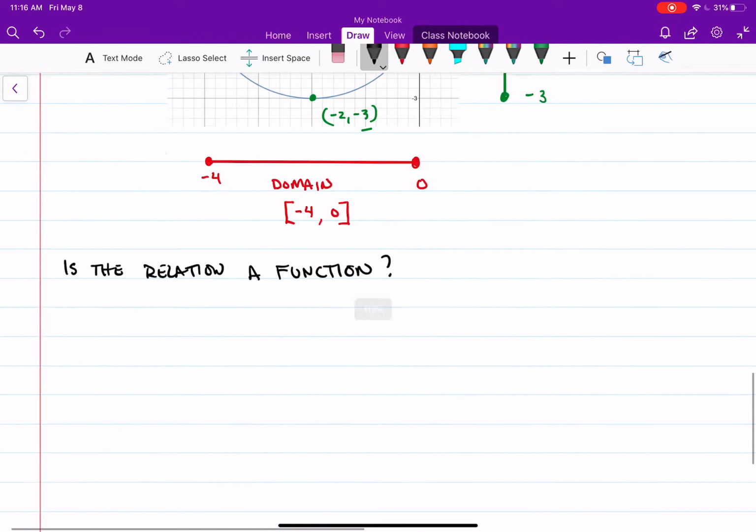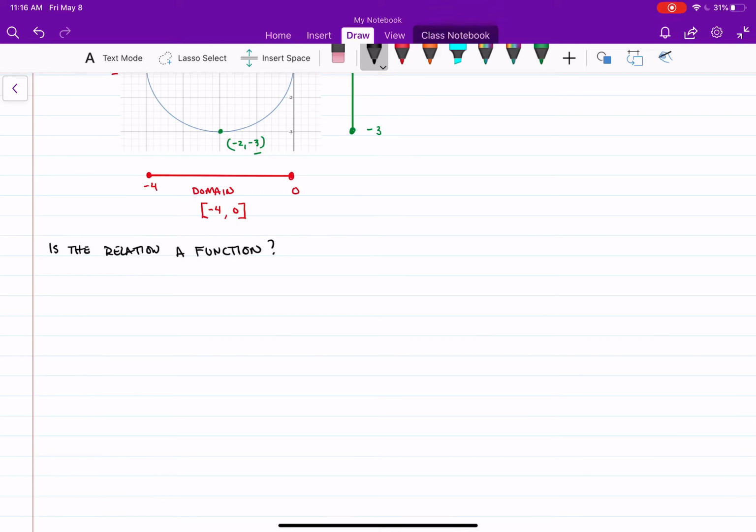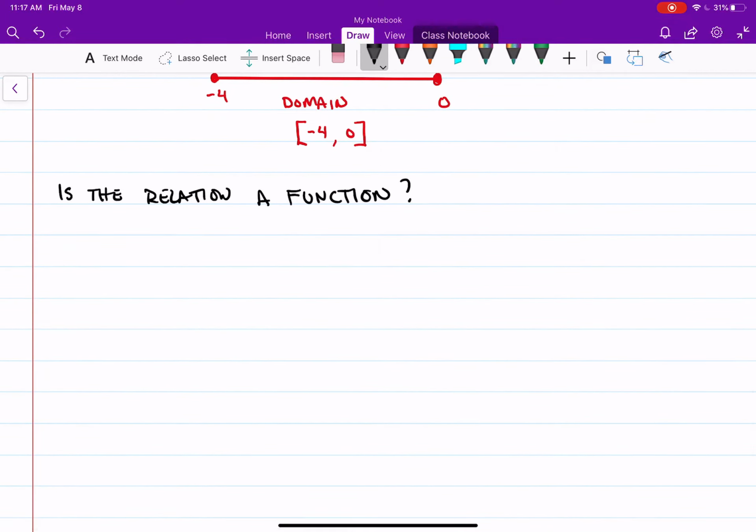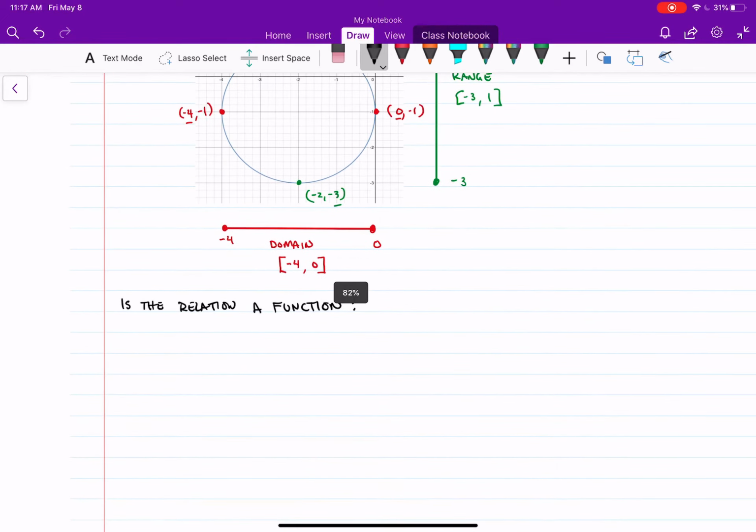To know if it's a function or not: if I put 30 dishes in my dishwasher and it doesn't come out clean, then my dishwasher is clearly not functioning correctly. So I know it's not functioning, or it's not a function. But if I put in dirty dishes and clean dishes come out, then I have a function, a functioning dishwasher at least.